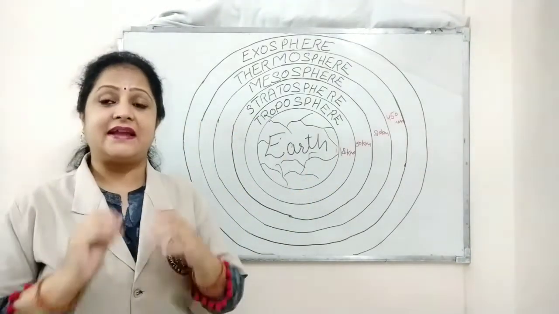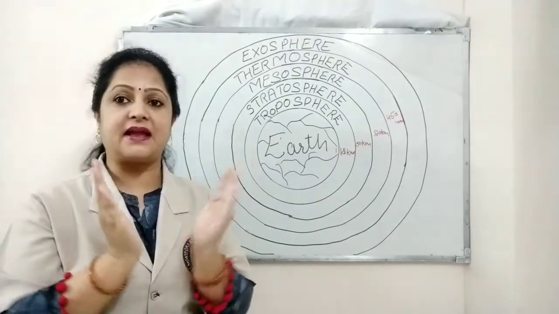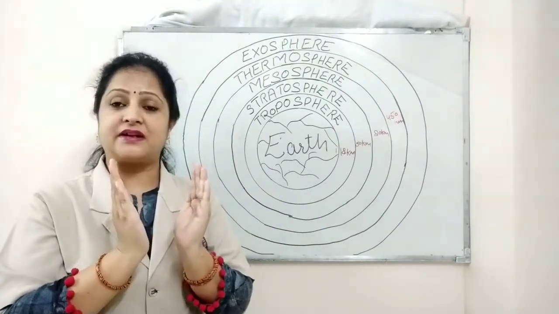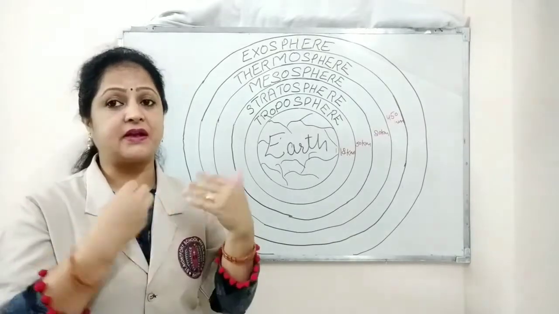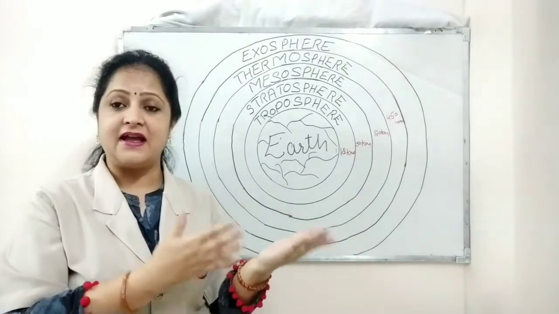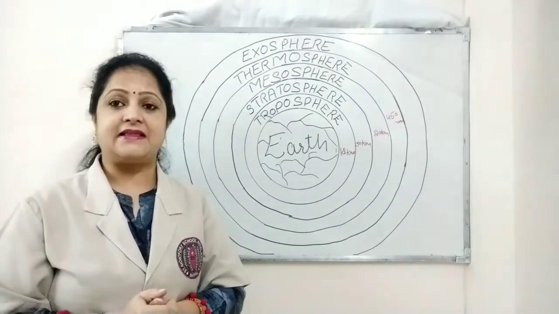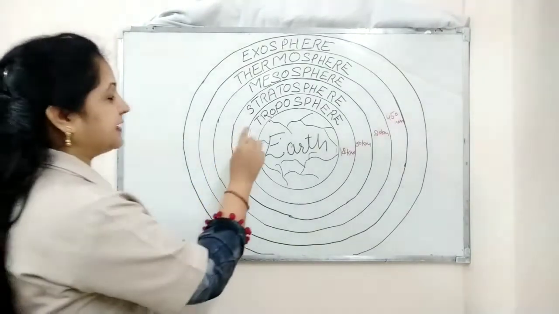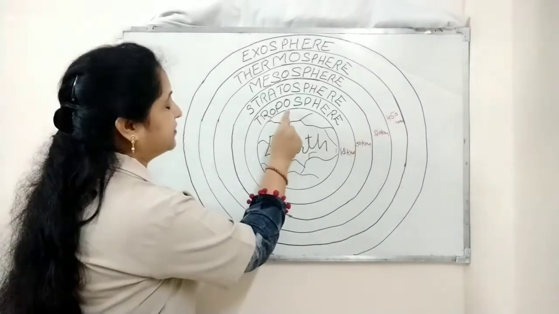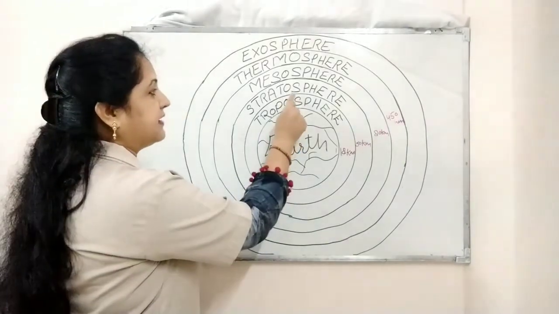It acts like a blanket which protects the days from becoming very hot and the nights from becoming very cold. And the temperature in this layer decreases as we go higher in this layer.